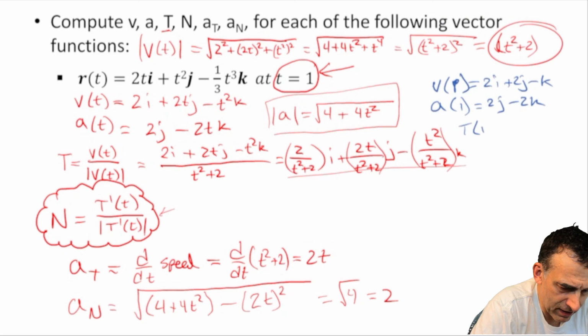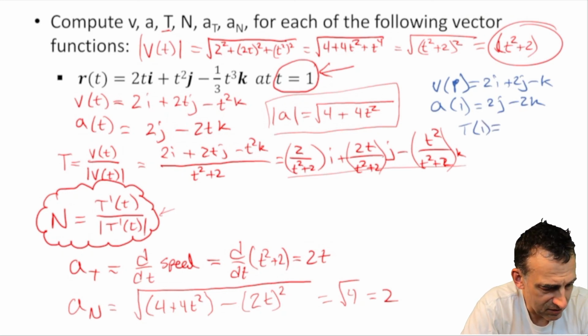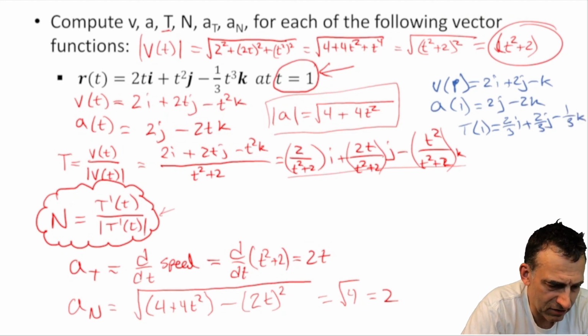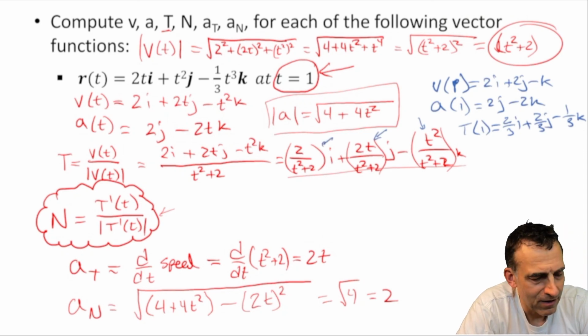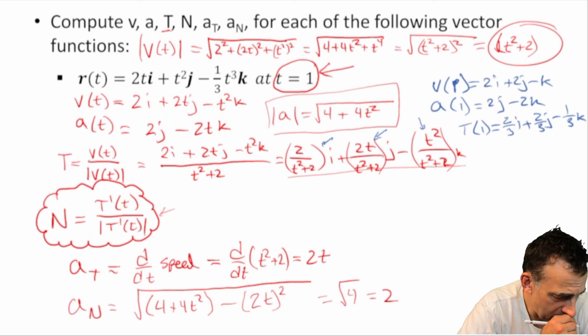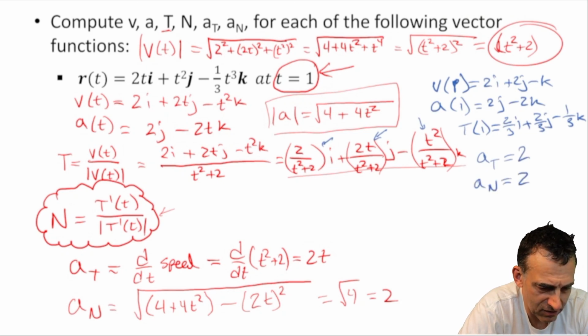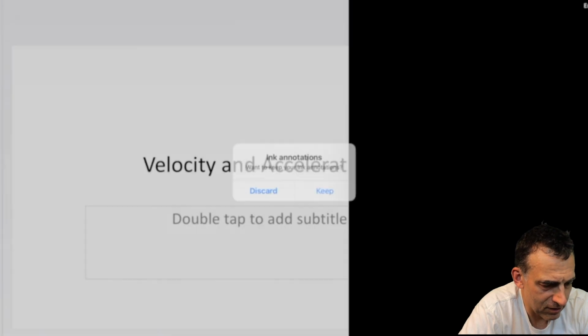Unit tangent vector at 1 is 2/3 i plus 2/3 j minus 1/3 k. So all I've done is I've plugged 1 into all of this stuff here. Finally, and I'm skipping unit normal vector, finally we have a sub t is just 2 and a sub n is 2.